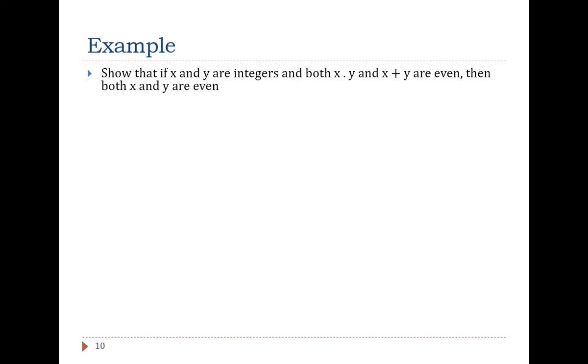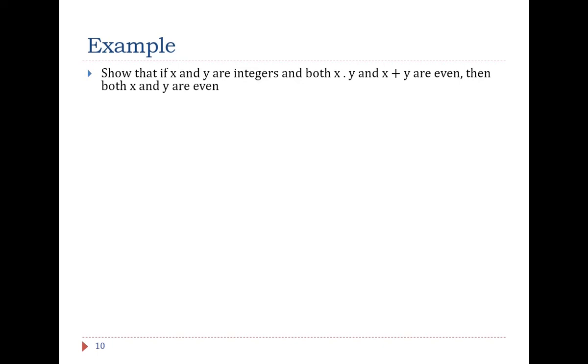Pay attention: proving that x times y is even and x plus y is even implies both x and y are even, by contraposition would be as follows. If x or y is odd, meaning that x and y both even is false, then necessarily x times y is odd or x plus y is odd. So maybe you can do it this way.